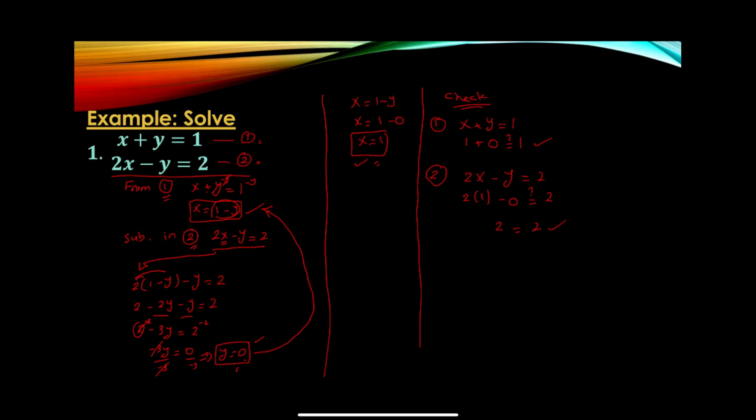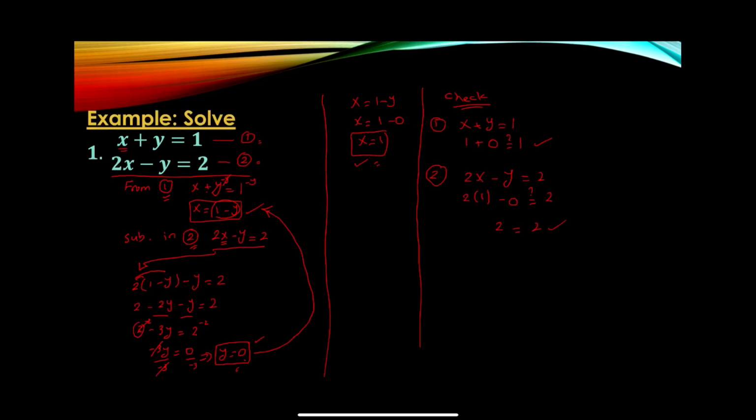I took x in the first equation because the coefficient of x is equal to 1. I'm trying to find any variable with 1 as its coefficient. In this example, we have x and y, both with coefficient equal to 1, but we selected x.